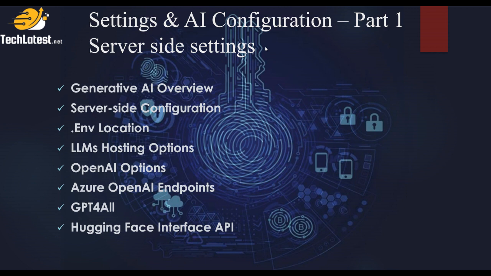We'll also show you OpenAI options, Azure OpenAI endpoints, GPT4All, and the Hugging Face inference API. Apart from this, we'll also show you GPT Turbo 3.5, which is the default model in Danswer. And if you want to set up any other model in Danswer, then we will show you that also.